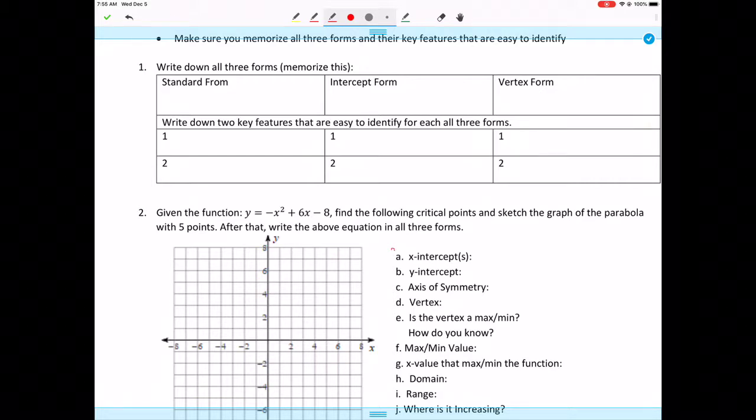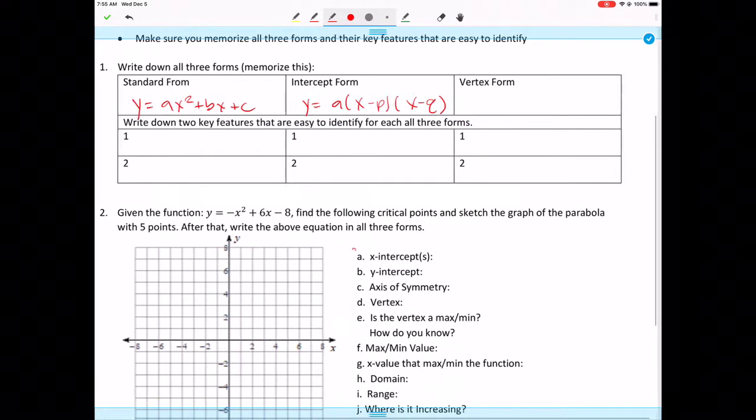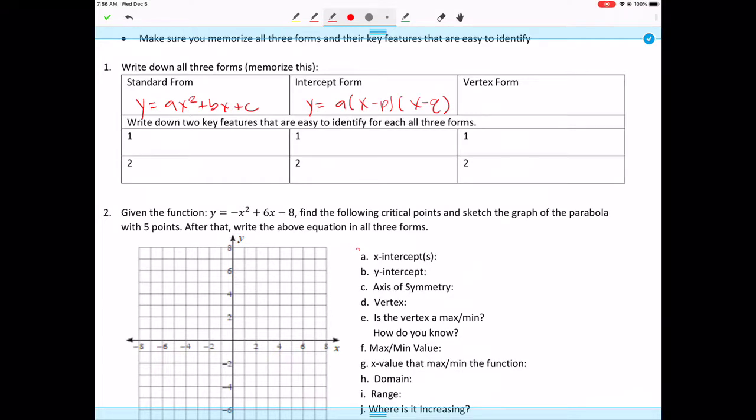All the forms, the 3 forms. So standard form is y equals ax squared plus bx plus c. Intercept form is y equals a(x minus p)(x minus q), and the order of p and q, I don't mind if you have them switched, although p and q are in order in the alphabet, so that kind of helps.